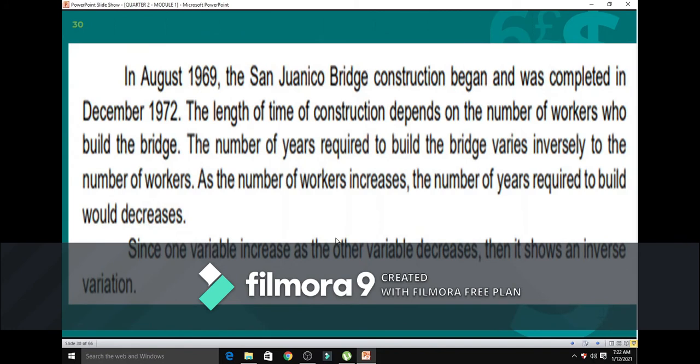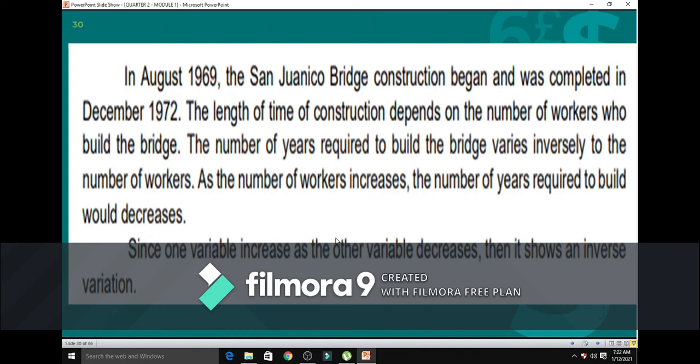So, in August 1969, the San Juanico Bridge construction began and was completed in December 1972. So, kung makikita nyo po, ilang taon ginawa yung San Juanico Bridge. So, 1969, 70, 71, 72. So, 3 taon, mahigit. The length of time of construction depends on the number of workers who build the bridge.